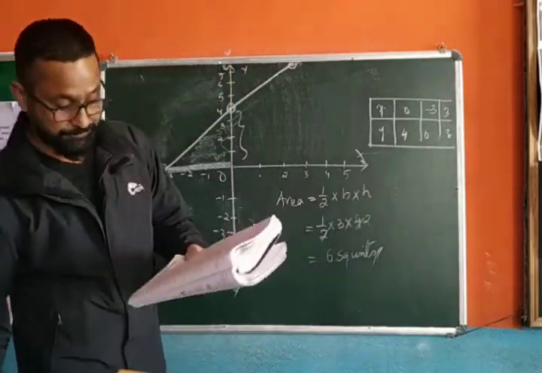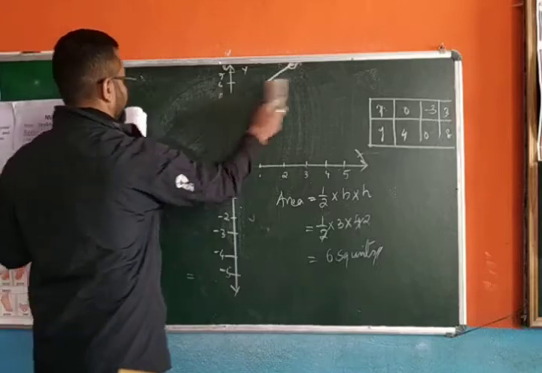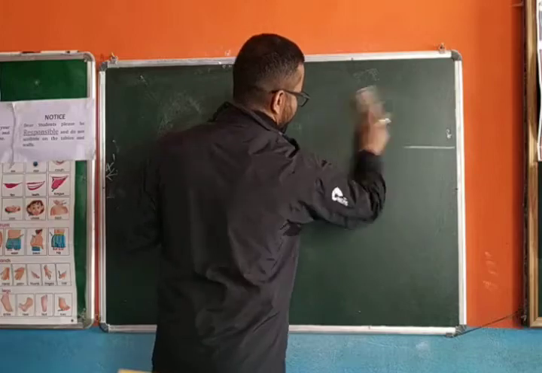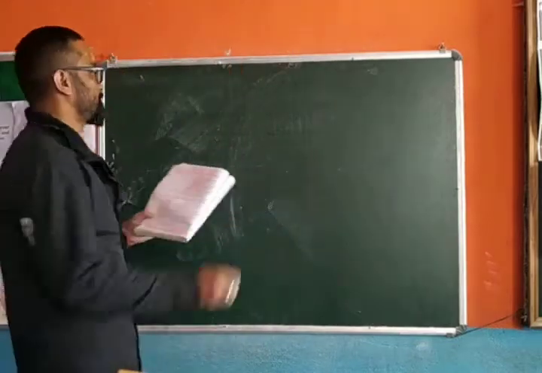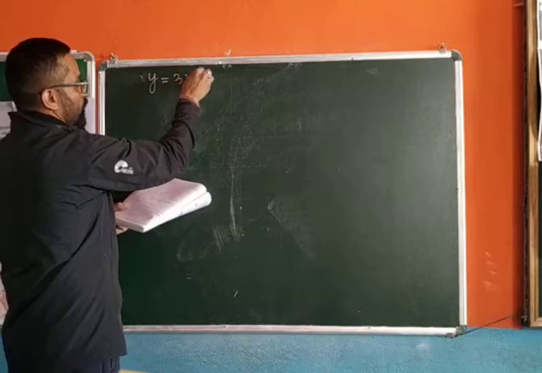Question number 5. Look at this question. Question says draw the graph of equation y equals 3x minus 4.